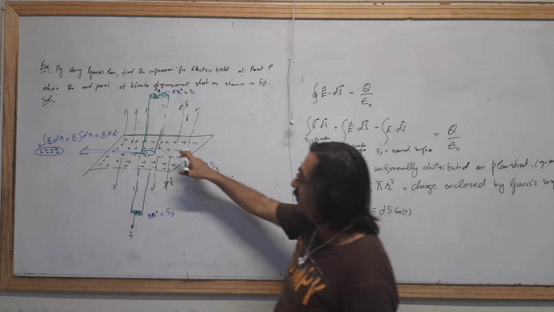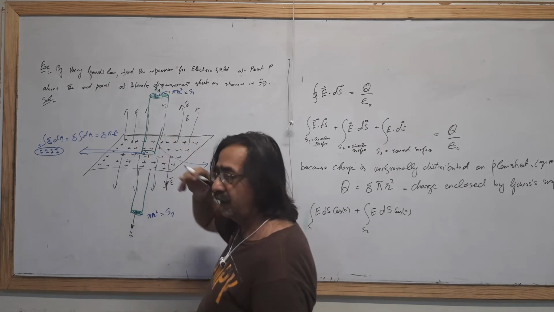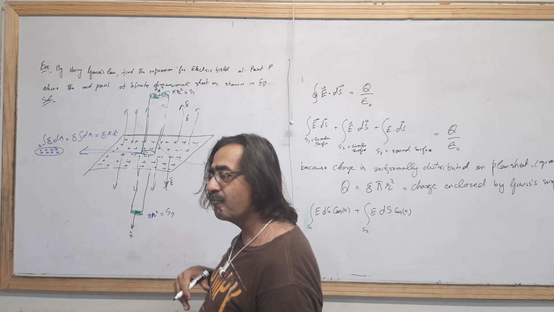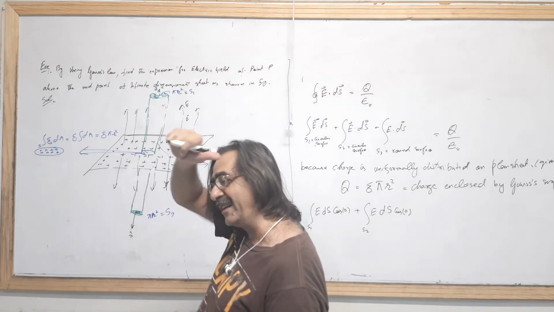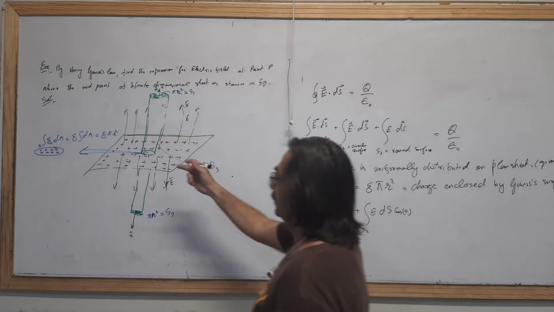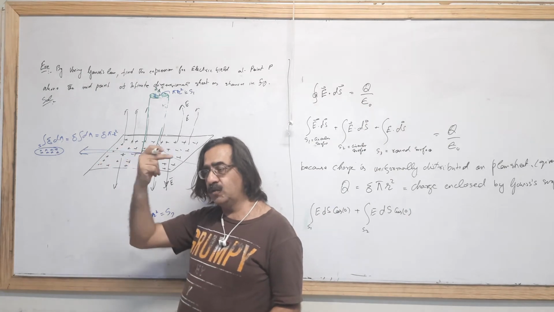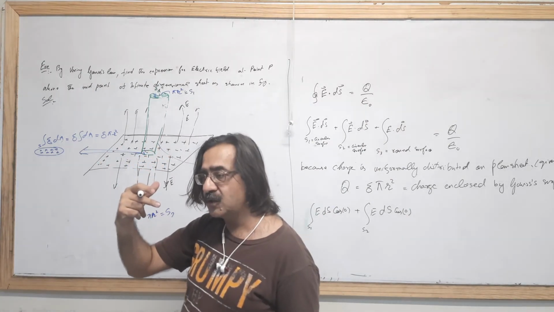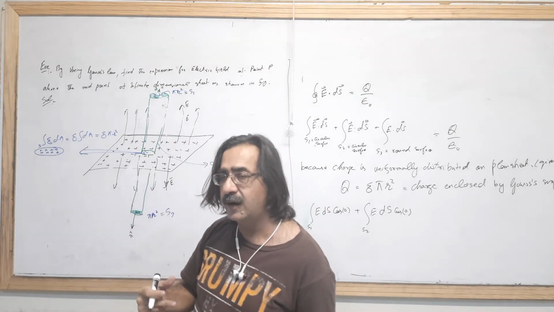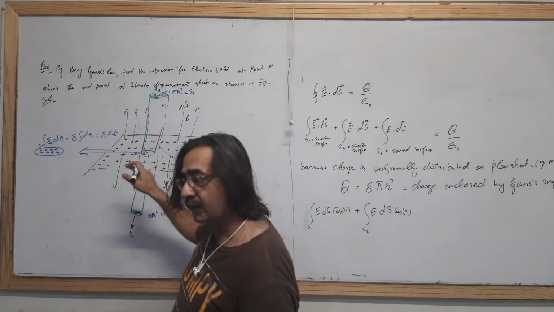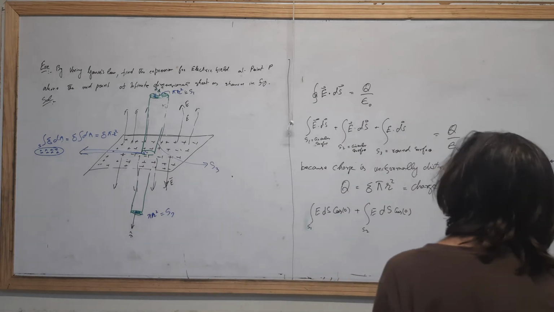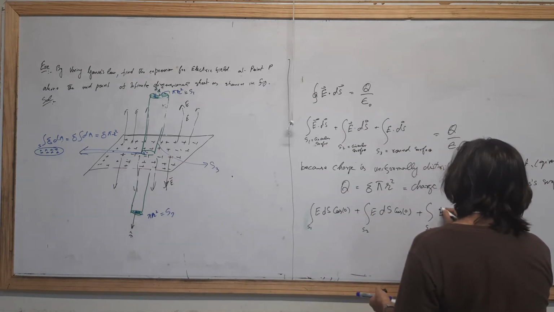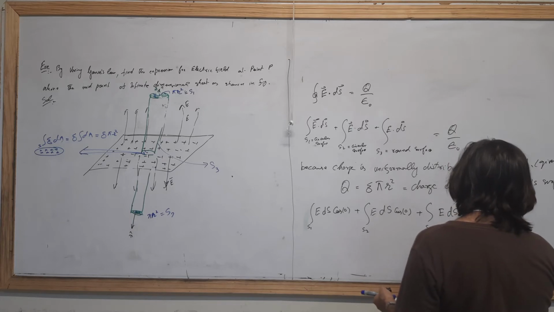And the area of the round surface is always radial. It will be outward radial, always tangent to the circular surface. So that will make an angle. For S3, that will be E ds cos.